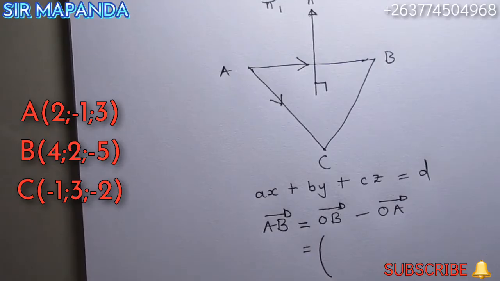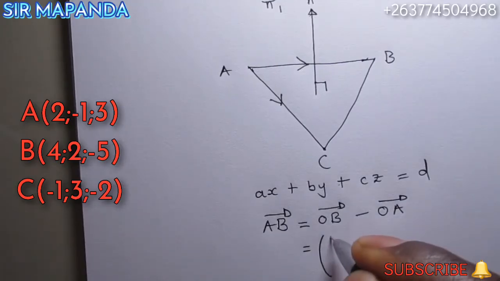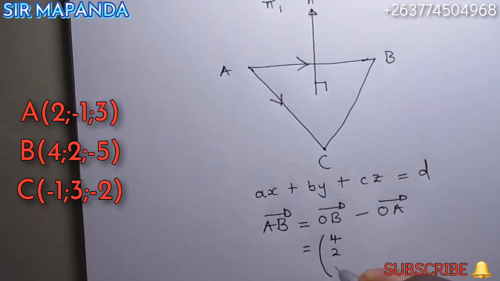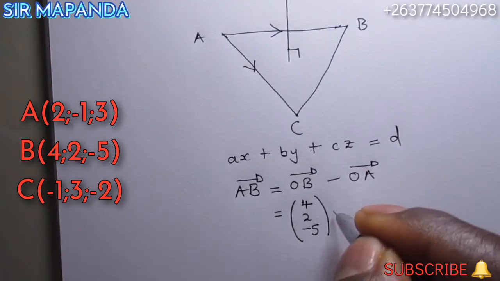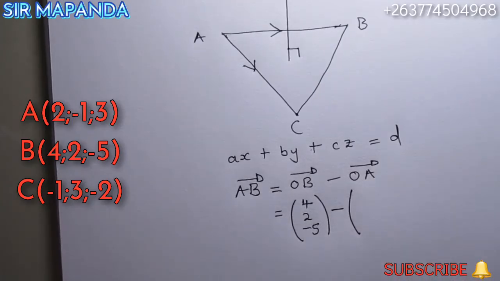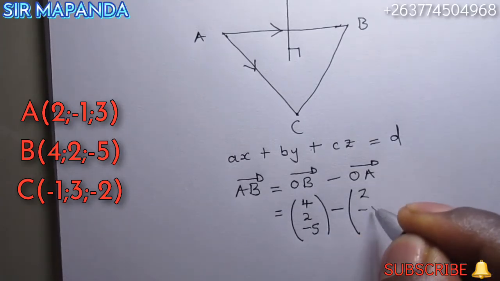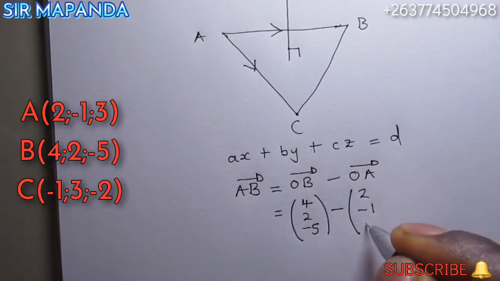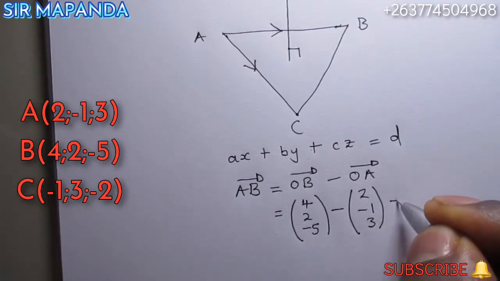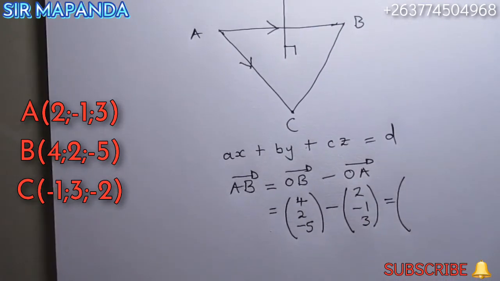So we are going to write them as a position vector: 4, 2, and minus 5. Then you subtract the position vector of A, which is made up of the coordinates of A, which are 2, minus 1, and 3. I hope you are following.